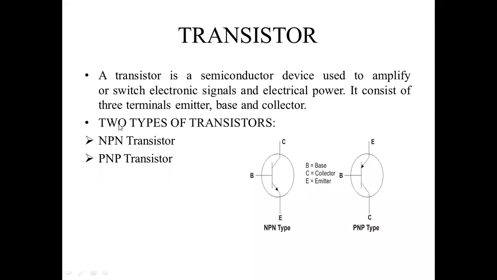There are two types of transistors. One is the NPN transistor, another is the PNP transistor. In the NPN transistor, the P layer is sandwiched between two N ends. Two N regions are connected, and the middle layer is P. This P type region is sandwiched between two N type materials, so we call it an NPN transistor.